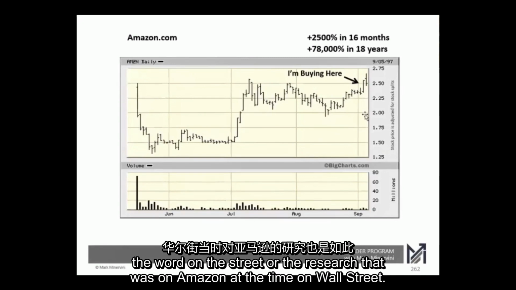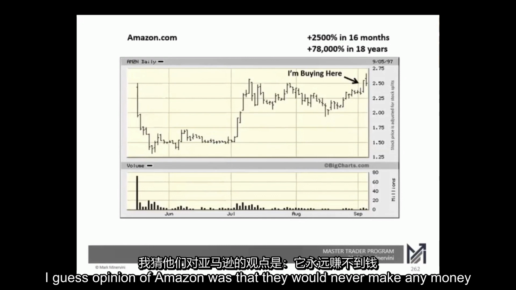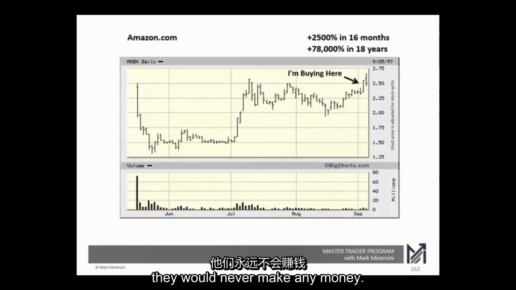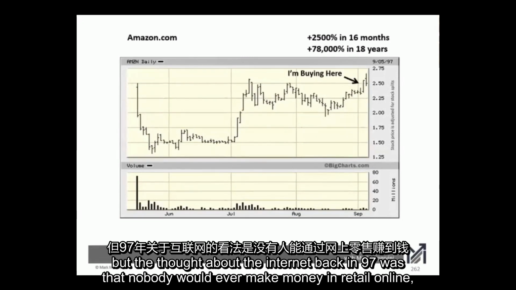The word on the street, or the research on Amazon at the time on Wall Street, the common opinion of Amazon was that they would never make any money. I don't remember if I said this before, but the thought about the internet back in 97 was that nobody would ever make money in retail online.